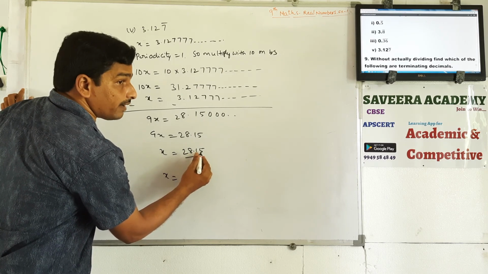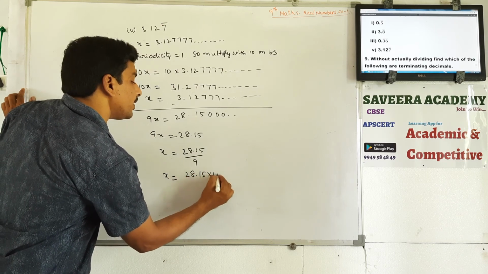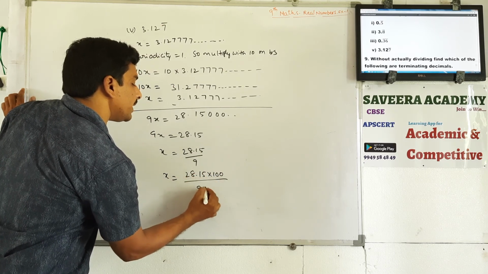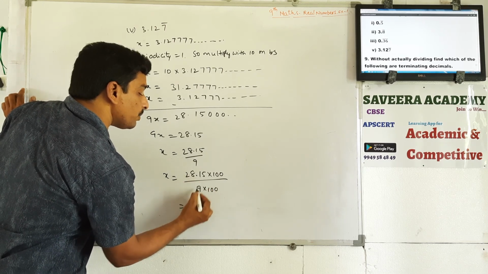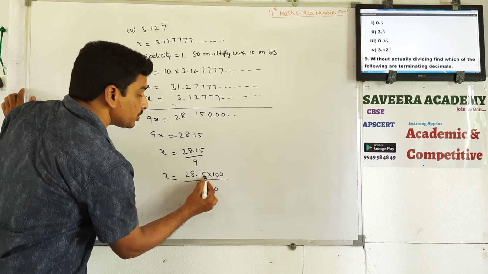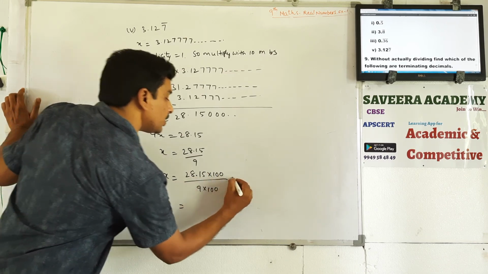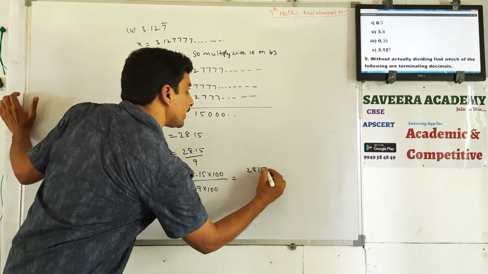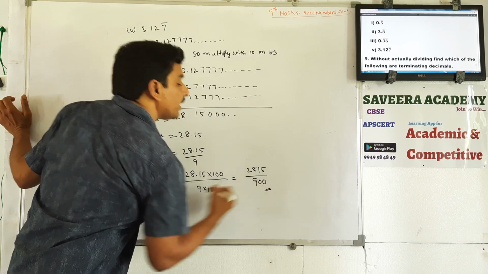So multiply and divide with 100. Then it becomes 28.15 into 100 divided by 9 into 100. The decimal point moves towards the right side. In such a case this 100 is used. So this is 2815 divided by 9 into 100, value 900.